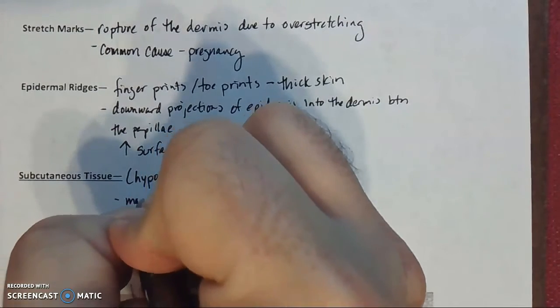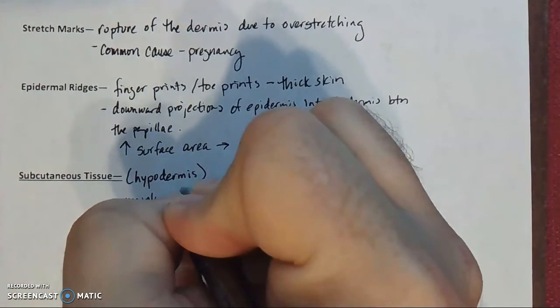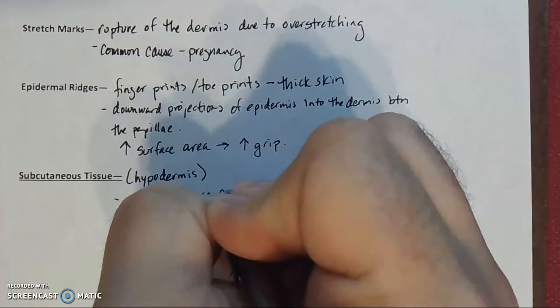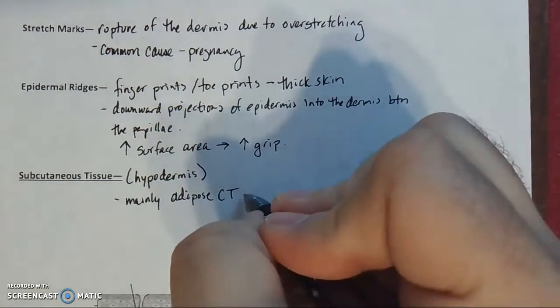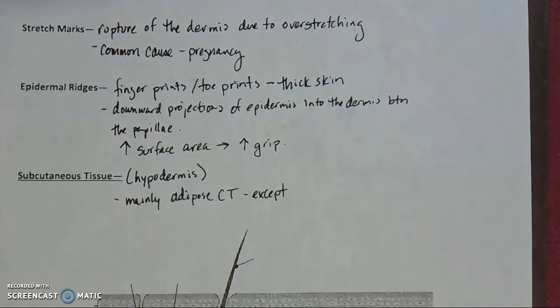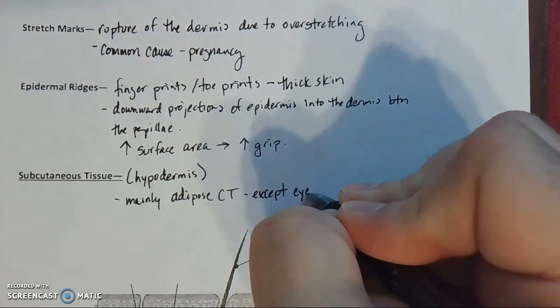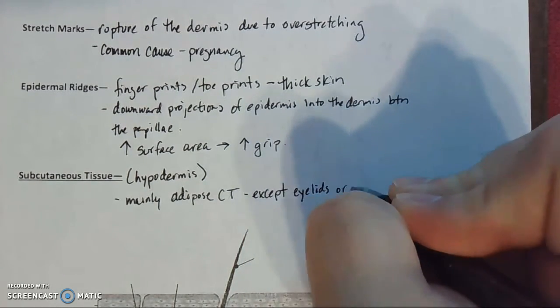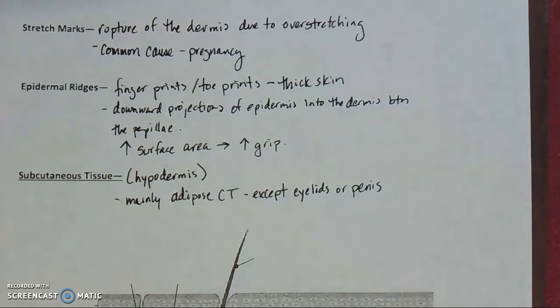So this is mainly adipose tissue, which is connective, except in two places. So adipose tissue is not underneath the eyelids or in males the penis. So there's no fat underneath the skin layer in both of these. It would make them look a lot different than they look if you think about it for enough time. And that's all we'll say about that.